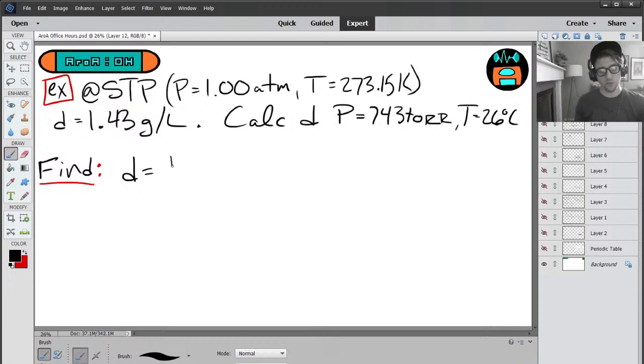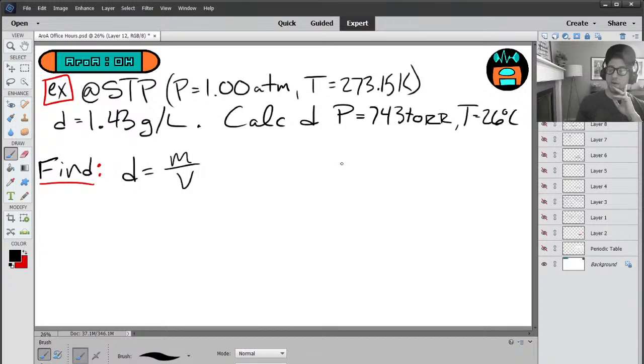Density is equal to mass over volume. It's a ratio of mass to volume. So we need two things. We need to know the mass and the volume of this gas at pressure 743 and temperature 26.